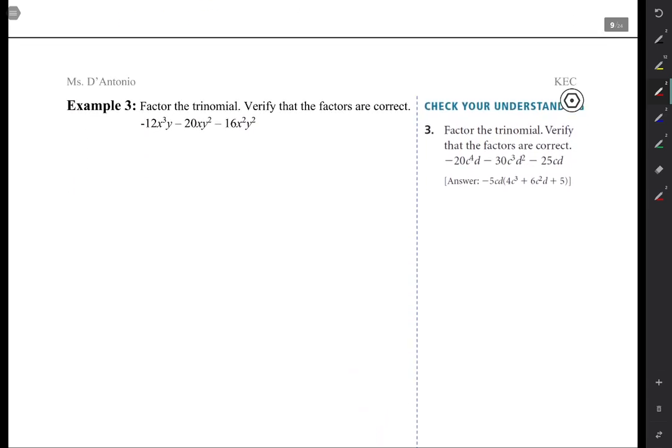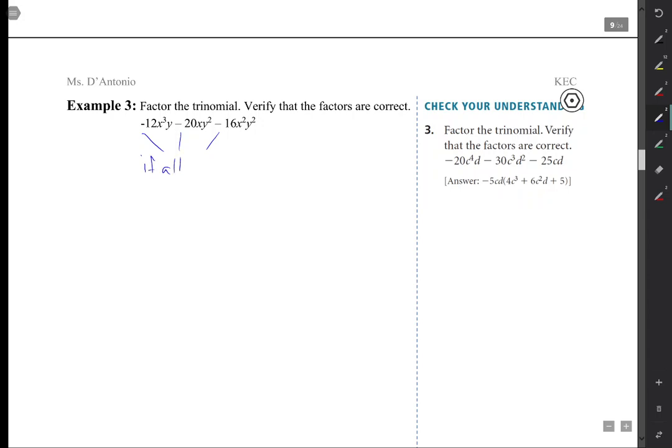Factor the trinomial, verify that the factors are correct. So again, this is a trinomial. It's still a polynomial, but since it has 3 terms, we can call it a trinomial. So this one here is a little special compared to the other ones we looked at because all of the terms in it have a negative sign in front of them. So there's a little bit of a rule here.